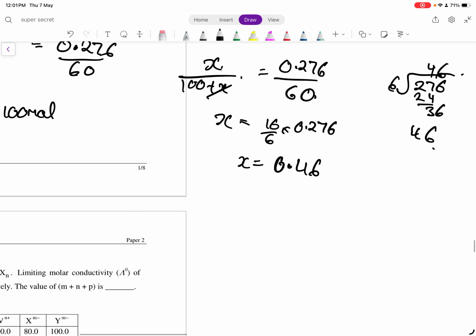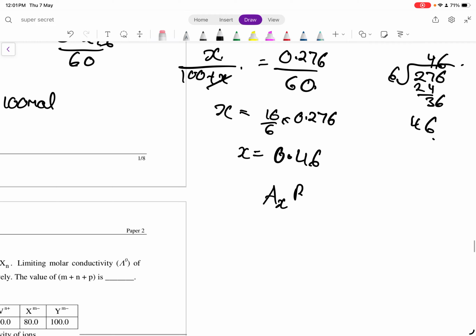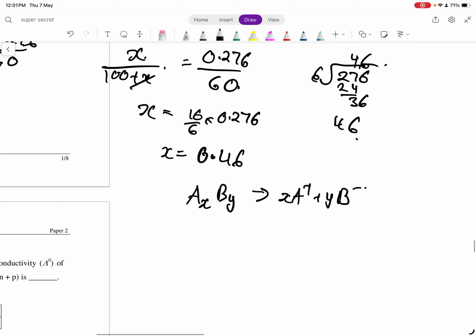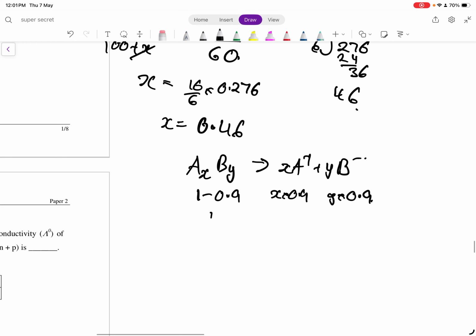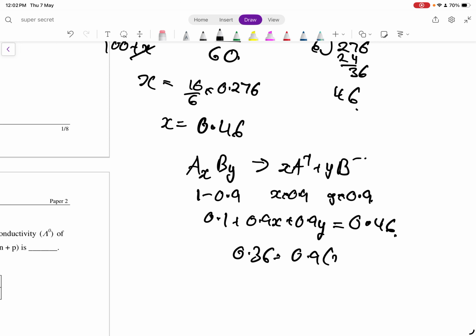So let's say we have AxBy giving rise to xA plus yB minus, with 90% dissociation. So 1 minus 0.9, x into 0.9, y into 0.9. So we have 0.1 plus 0.9x plus 0.9y. This is equal to 0.46. So 0.36 is equal to 0.9 (x plus y).